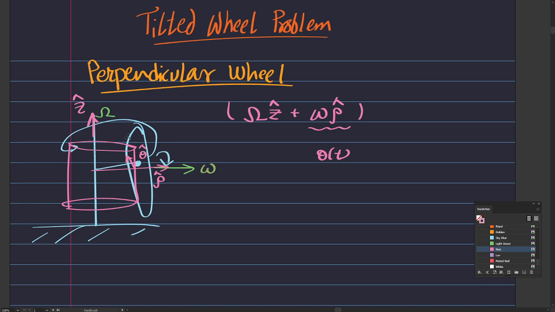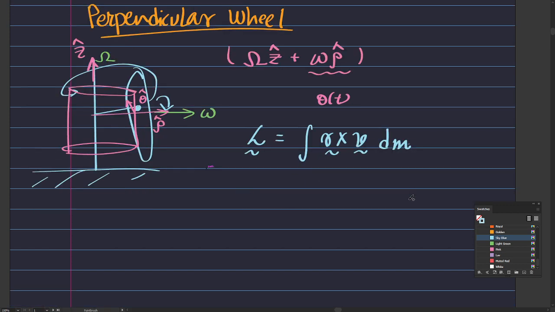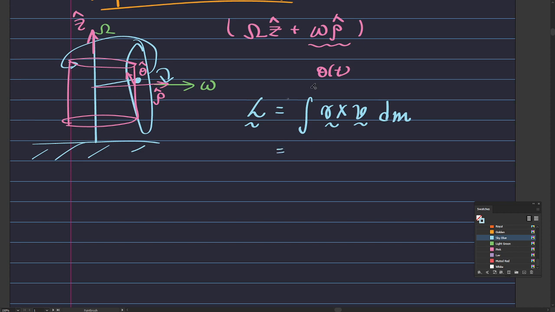So if it's rolling like that, then the angular momentum of this whole system we can integrate from r cross v dm, but we already know the answer to this query.